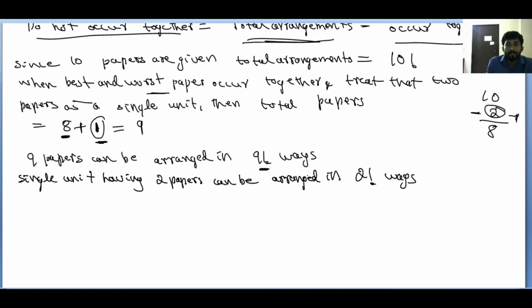If 2 objects are there, you can arrange them in 2 factorial ways.